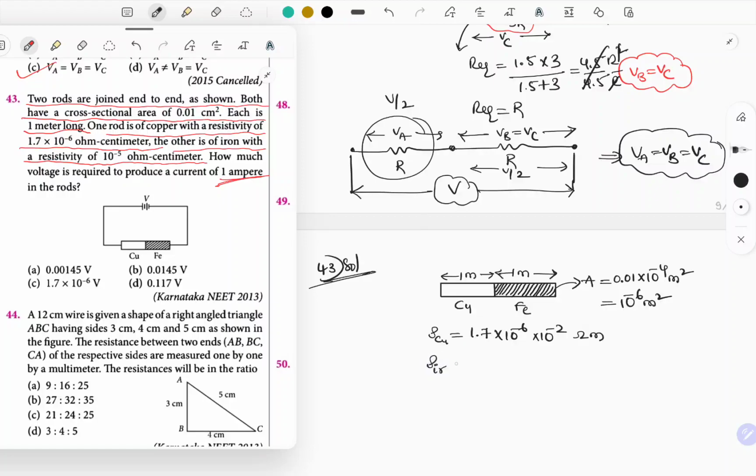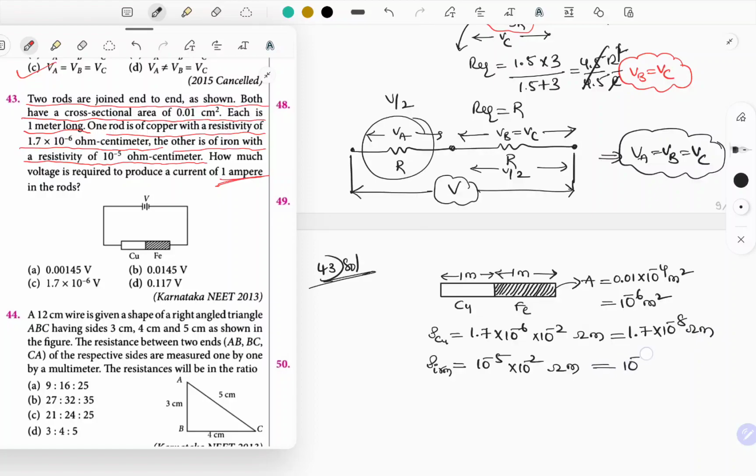Similarly, resistivity of iron is 10 power minus 5 ohm centimeter. So let's convert into meter, 10 power minus 2 ohm meter. So this can be replaced as 1.7 into 10 power minus 8 ohm meter.